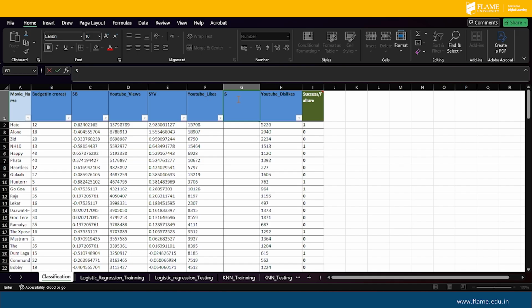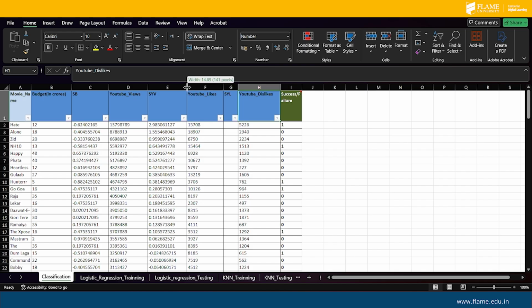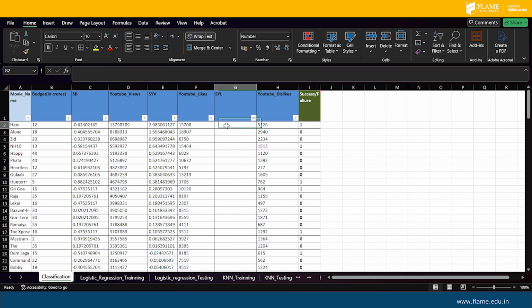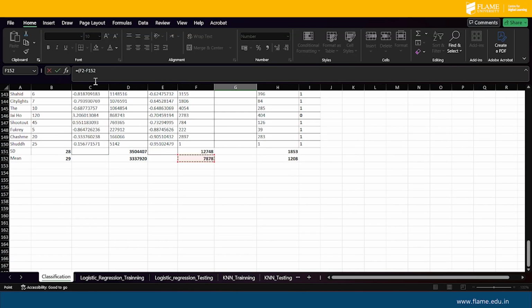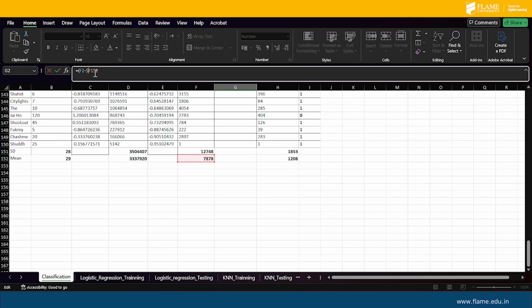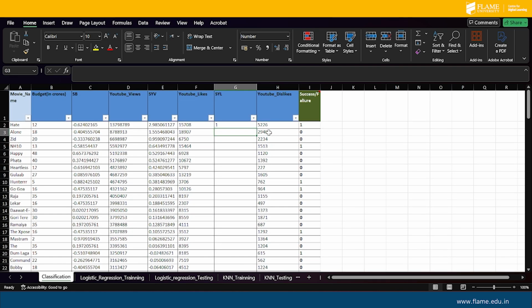Standardize YouTube likes. Equal to, again the same value, minus fixed mean, divided by the fixed standard deviation.